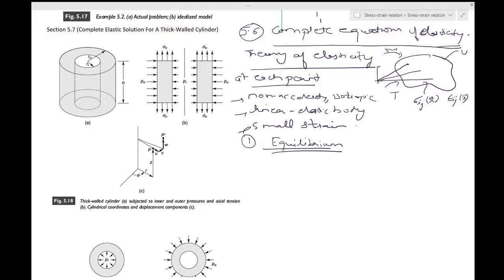So within the body, a point which is internal to this three-dimensional body must satisfy the equilibrium equations. We have derived them, I think, in chapter 4. So let's see what that equation is. Yes, 4.13 or 4.14.